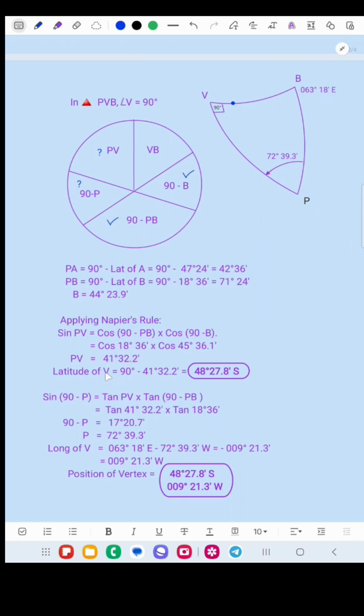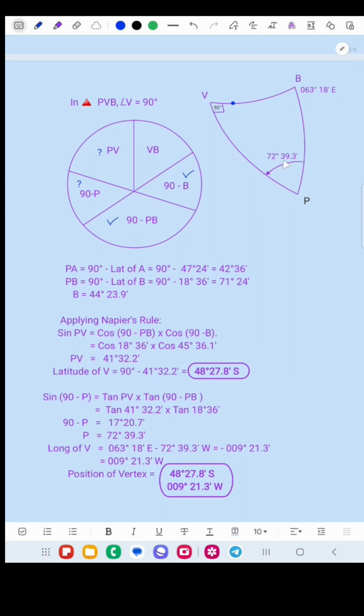So the latitude of Victor will be 90 degrees minus 41 degrees 32.2, that is 48 degrees 27.8 south. We got the latitude of this.